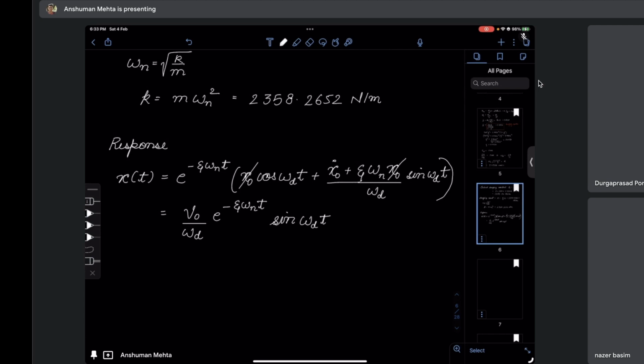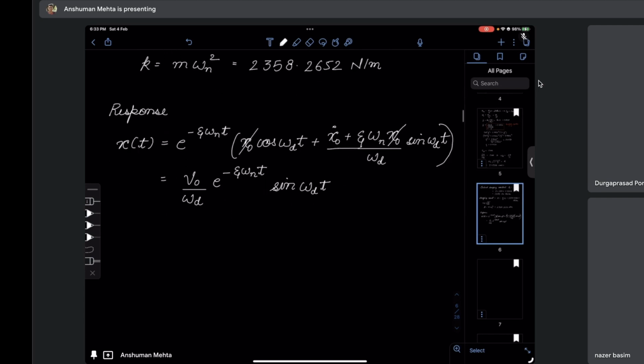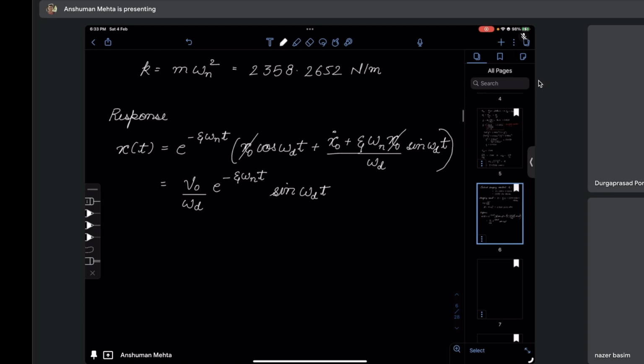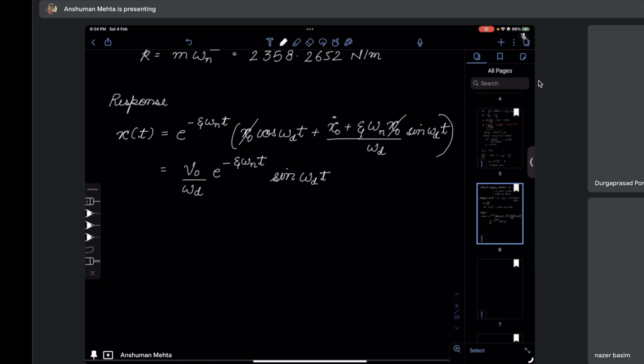Now to find the maximum of x, which is a function of t, we have to find its derivative and equate it to 0. So it's a maximum-minimum principle in which if you have to find the maximum of a function, we differentiate it and put it as 0. So we will be doing that here.